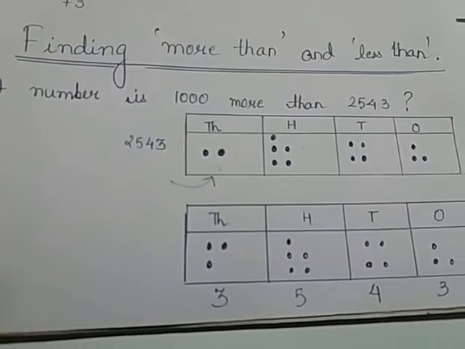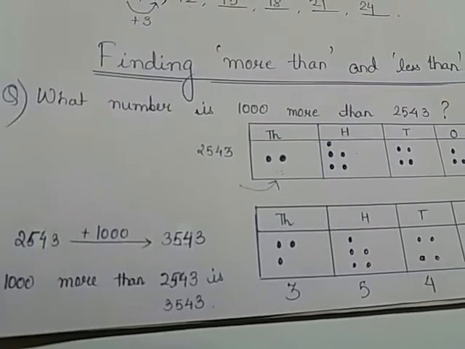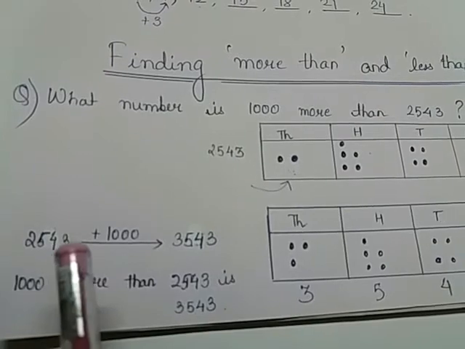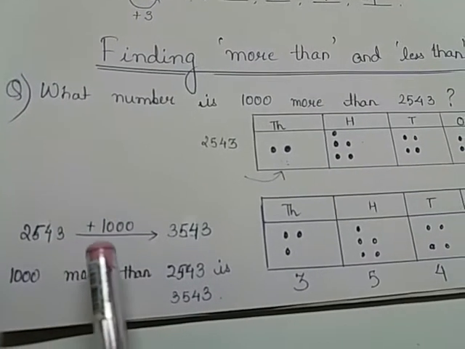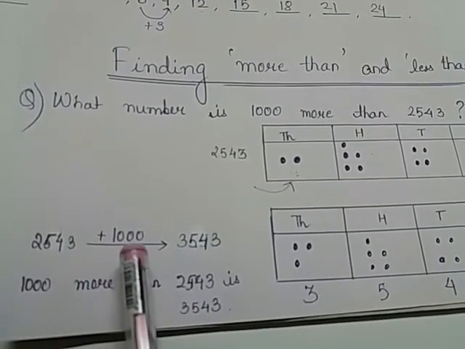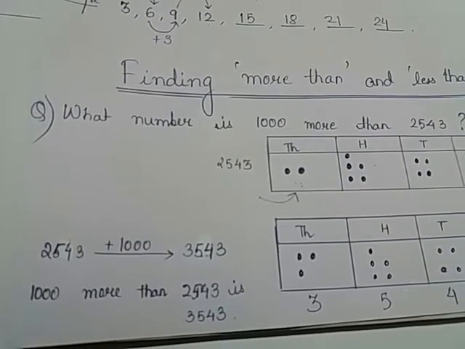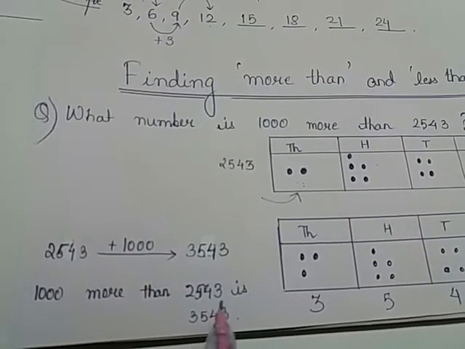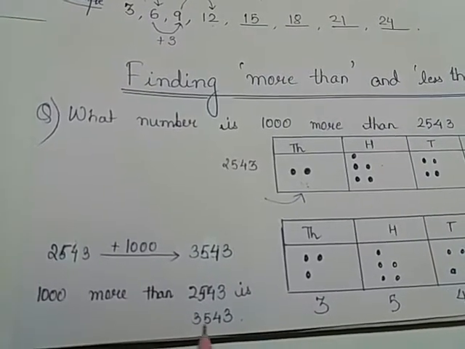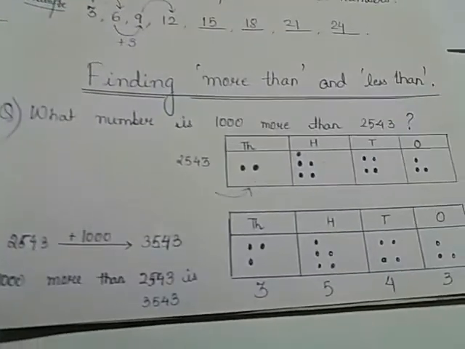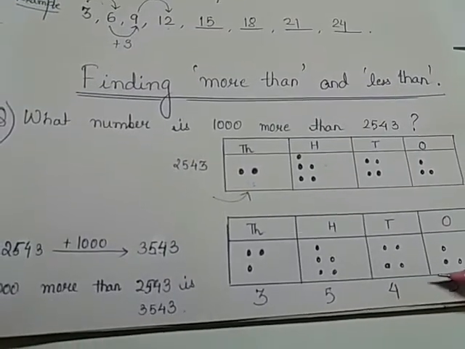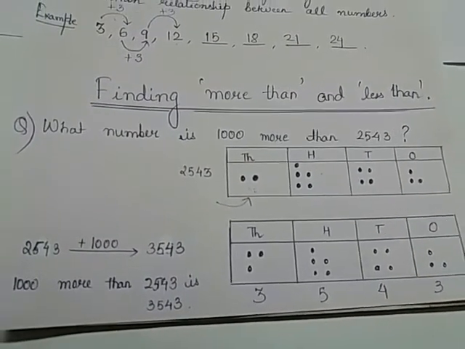Or we can write it in this way also: 2543. When we add 1000, we get 3543. So 1000 more than 2543 is 3543. And this is how the place value chart representation will be.